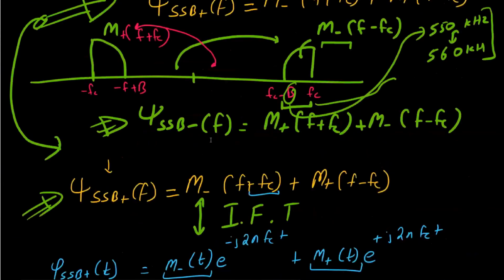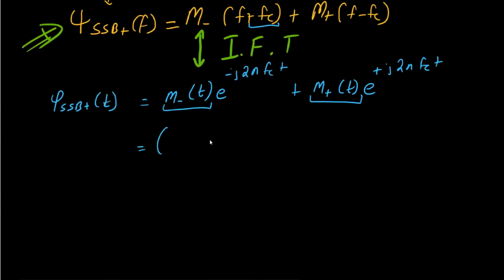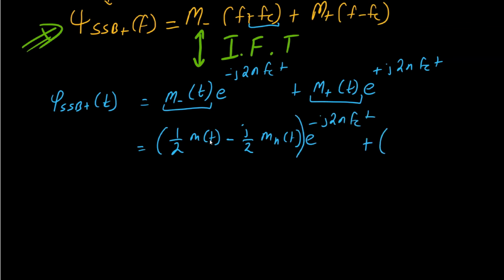So what we have over here is 1 by 2 m of t minus j by 2 m h of t, times e to the power minus j 2 pi fct, plus 1 by 2 m of t plus j by 2 m h of t, times e to the power plus j 2 pi fct.